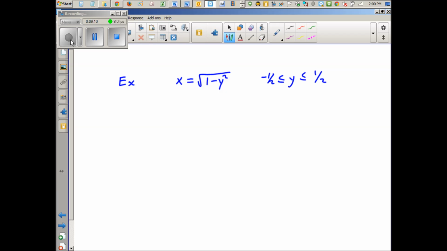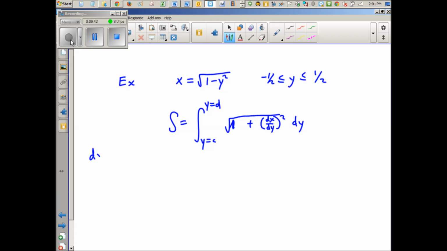They gave us definite y values, so it's probably wiser to use s equals the integral where y goes from one value to another, and then square root of, instead of 1 plus dy dx squared, we'll use dx dy squared dy. So we'll keep our integral in terms of y only. Also, they isolated x for us, so it'd be easier to take the derivative with respect to y than x. So that's just how we're going to do it.